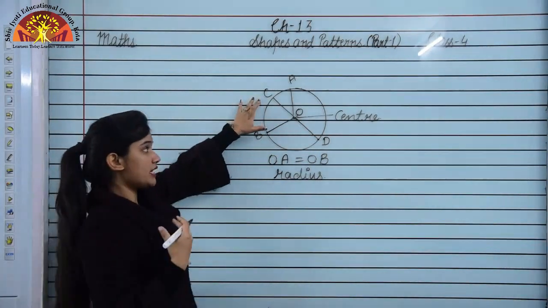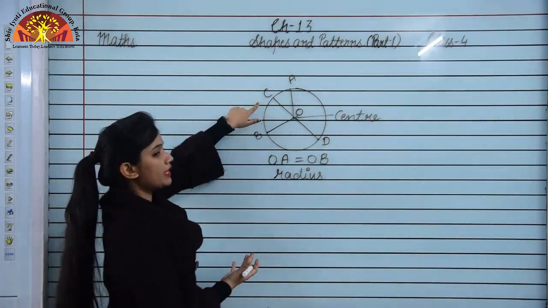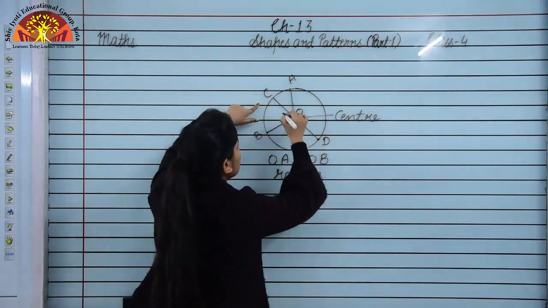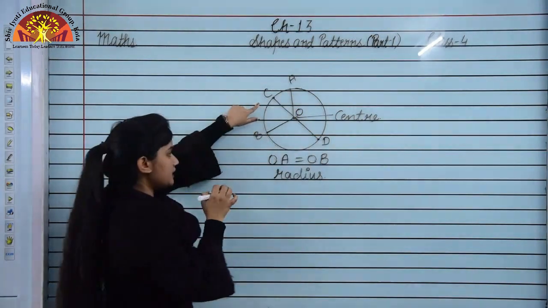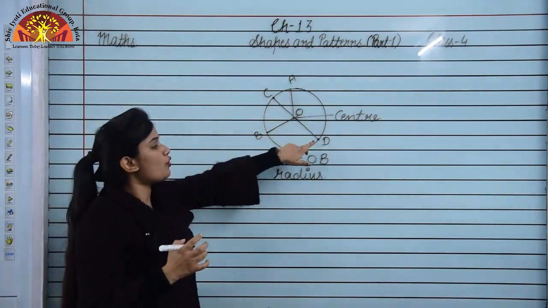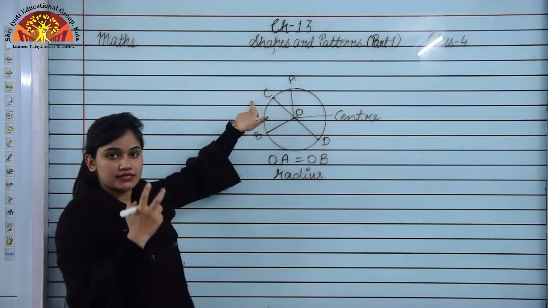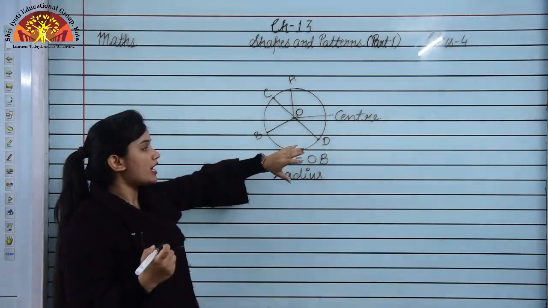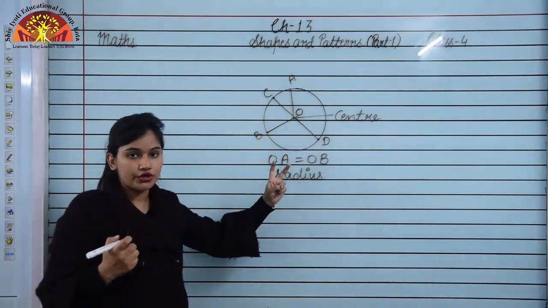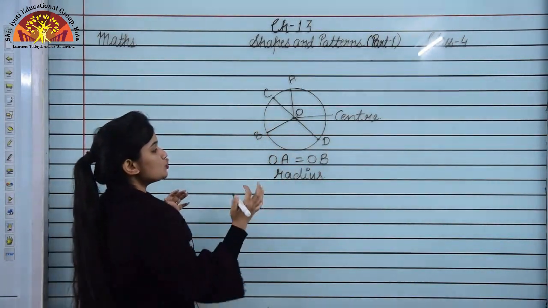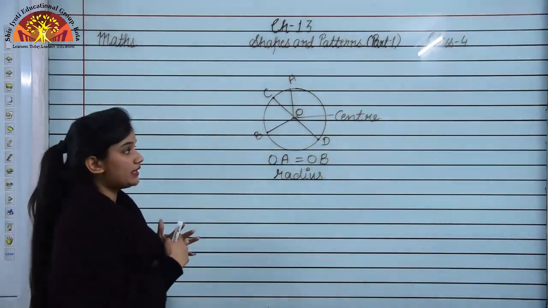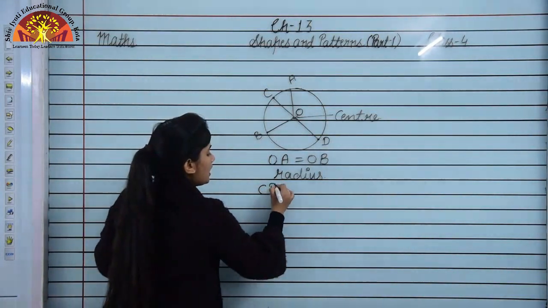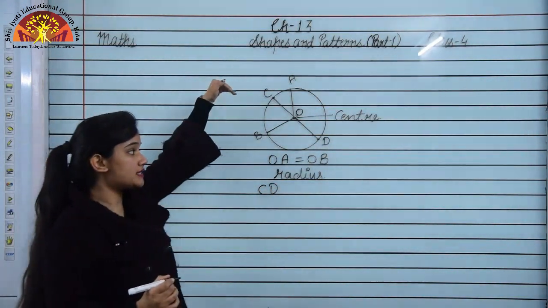Now what I am observing here, I am getting a line segment, and this line segment is touching 2 points on the boundary. We can see 2 points are here, point C and point D. So I have taken 2 points on the boundary of the circle, and these 2 points are making a line segment, that is CD. And this line segment is passing through the center.